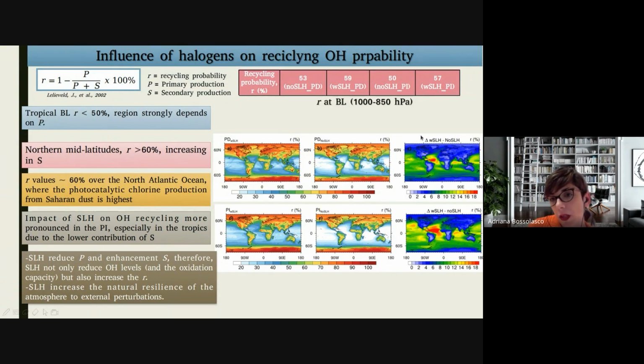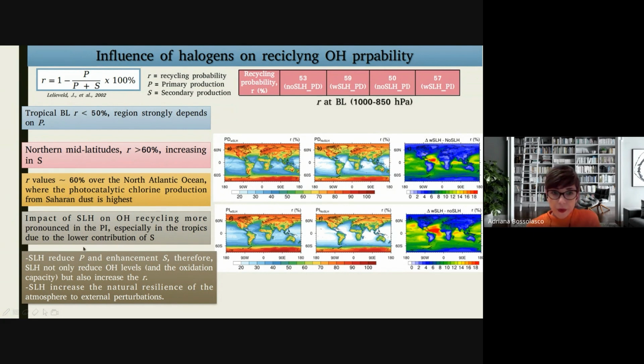And in both periods, SLH increased the recycling probability between 2 and 4% in continental regions, and between 10 and 16% in the tropical and oceanic regions.